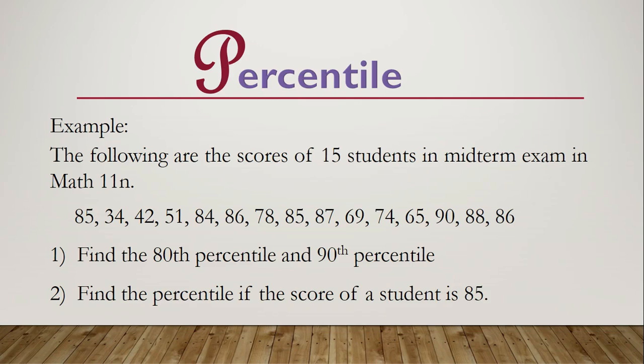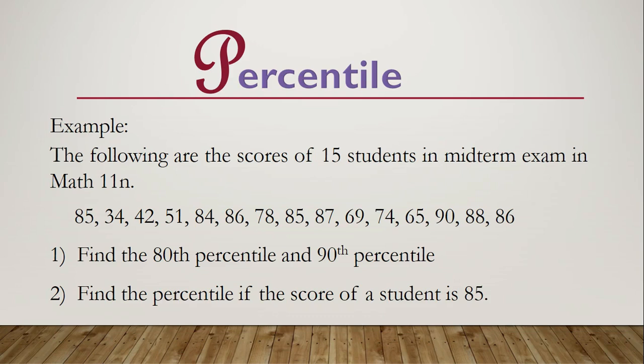We can have the 15th percentile, the 50th percentile, because again, percentile divides the observations into 100 equal parts. But we do not look for the first or 100th percentile, because the first percentile is the lowest observation and the 100th percentile is the largest observation.